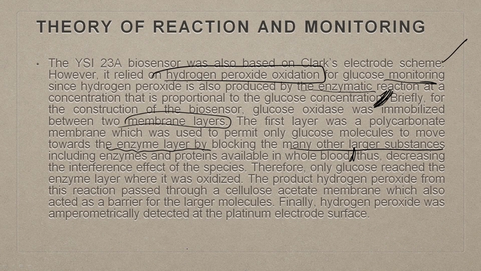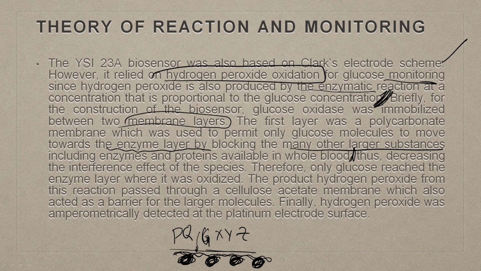Here you have the polycarbonate membrane and here you have the glucose oxidase. There are a finite number of glucose oxidase molecules and a finite number of glucose molecules. Now, there are other molecules, say glucose is G, then there are molecules like X, Y, Z, P, Q. If they come here, they will obstruct the glucose from binding to or coming close to the enzyme.